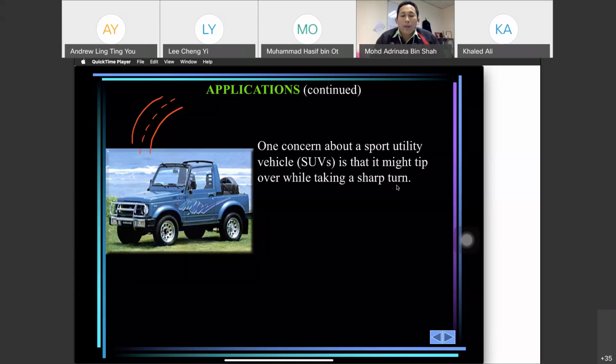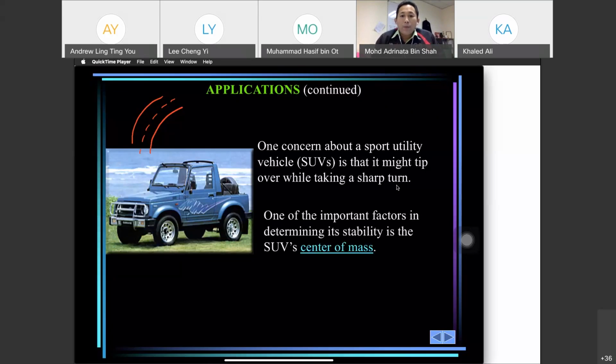When we have an SUV or a bus taking a corner, what is the concern? One of the important factors in determining its stability is the center of mass.